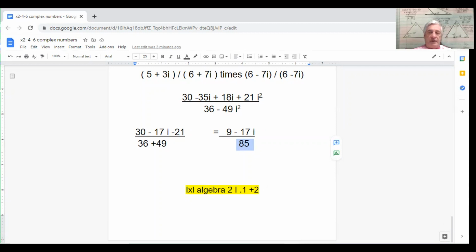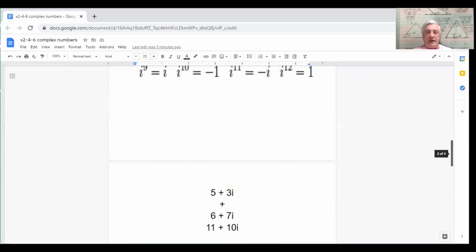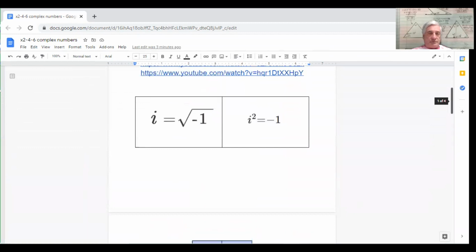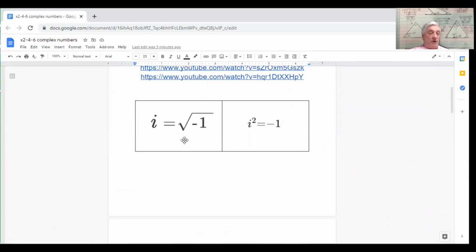Once again, what you need to know today is the square root of minus 1 is i, so the square root of minus 16 is 4i. Very good. What would be the square root of minus 25? 5i. Very good. So i equals the square root of minus 1, and i squared equals minus 1. And once again, these are imaginary numbers. You will not find these keys on your calculator.